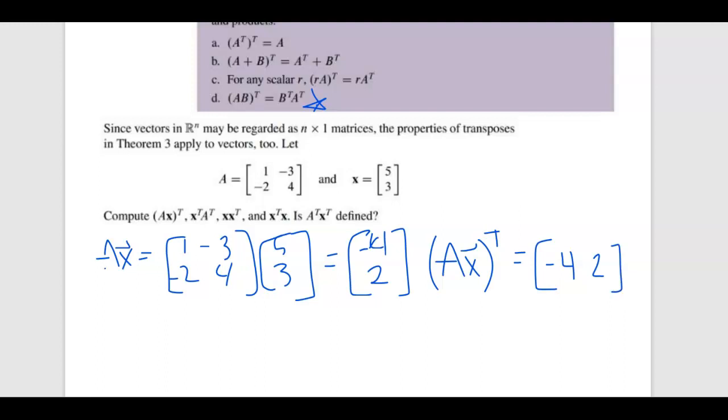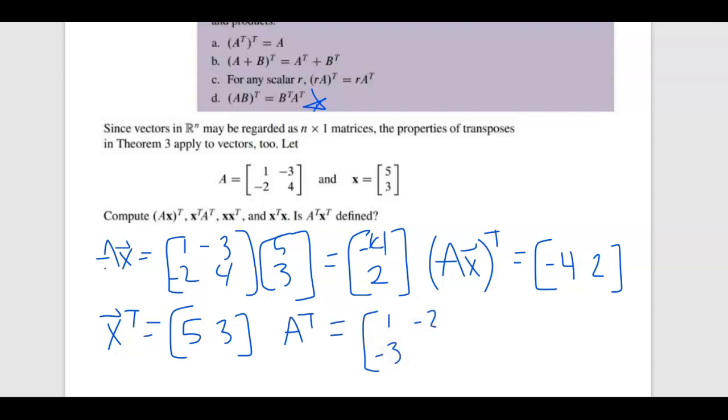All right, let's take X transpose and multiply it by A transpose. So X transpose is 5, 3, and let's go ahead and multiply that by A transpose, which is 1, negative 2, and then negative 3, 4.